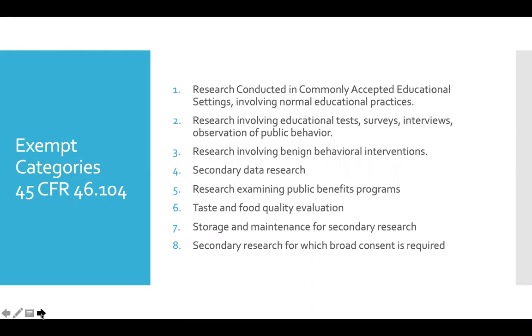Category 7, storage and maintenance for secondary research. And category 8, secondary research for which broad consent is required. So of course, in the CFR, there will be more information on, for example, what broad consent is, what type of food can be involved in the taste and food quality evaluation, and so forth.